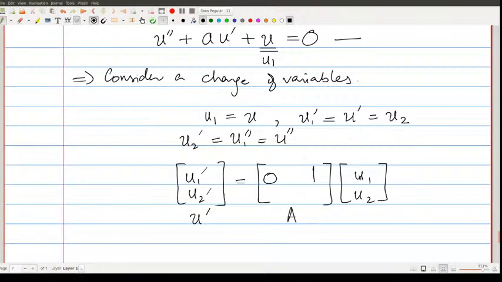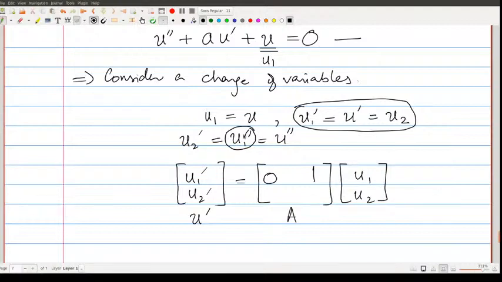So u1 prime is just u2, so that's 0, 1. What about u2 prime? u2 prime is u double prime, but I haven't given u1 any new name.